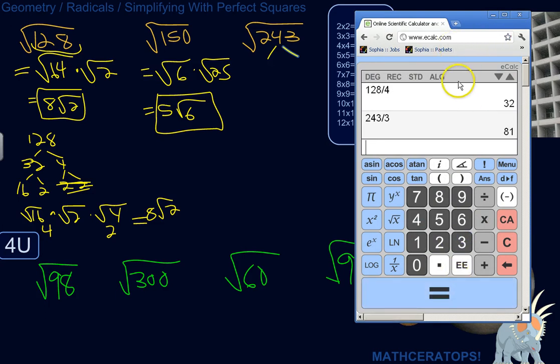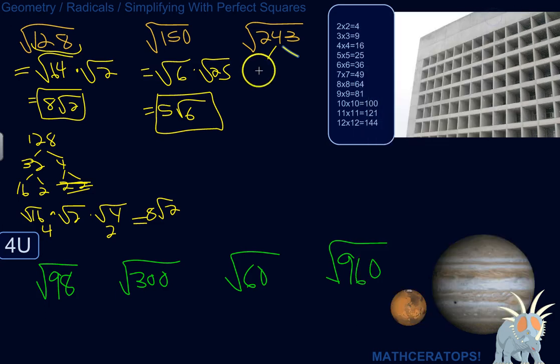Oh, okay, that was it. So this is equivalent to 3 times 81. So 81 is a perfect square. That's 9 times 9. So this expression would be equivalent to 9 times the square root of 3. So the square root of 81 is 9, comes outside the radical, and then this is left.